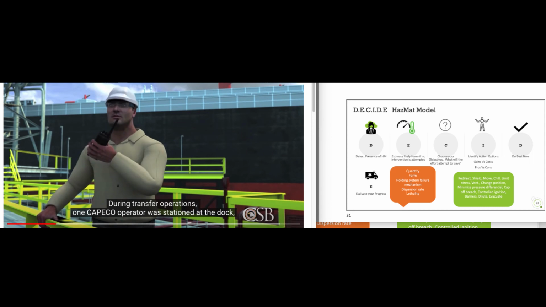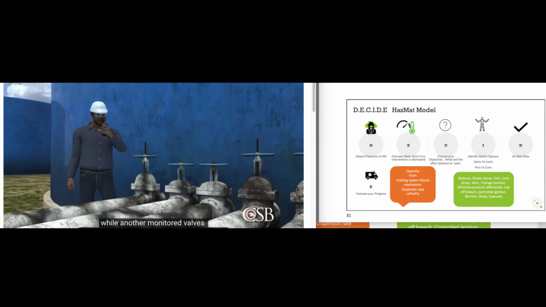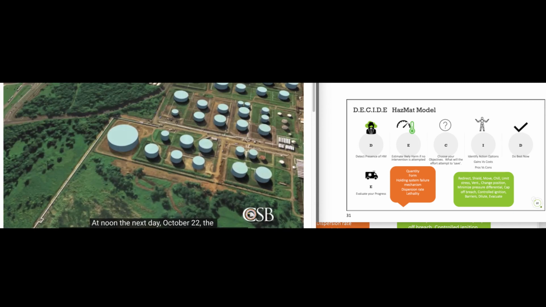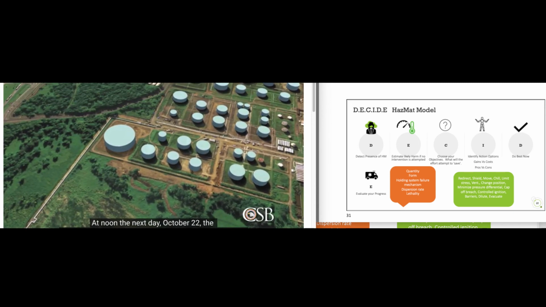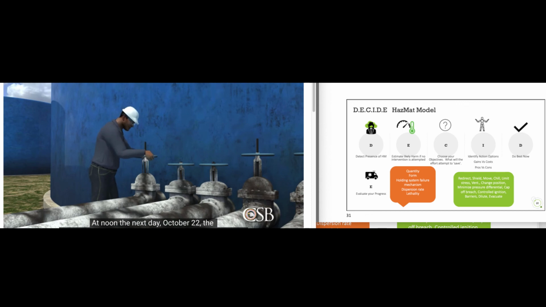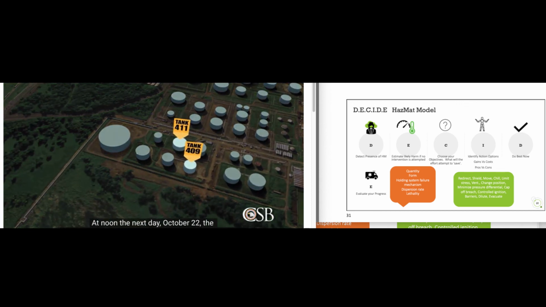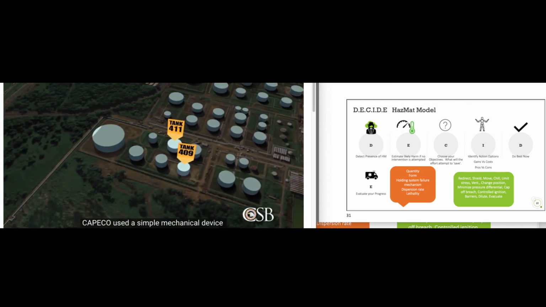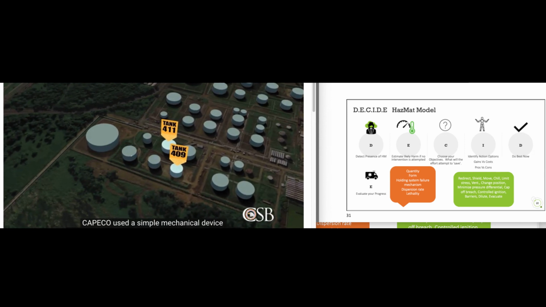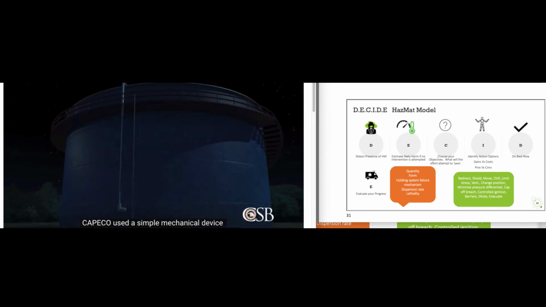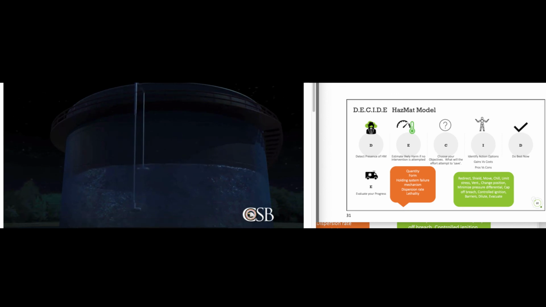So if you saw the progression of the general model throughout the incident, you can see that it changes over time. Every time there's a change between the vapors leaving the tank, to the vapors being ignited, to the explosion, the model changes along the way, and the hazards usually grow and expand and contract.